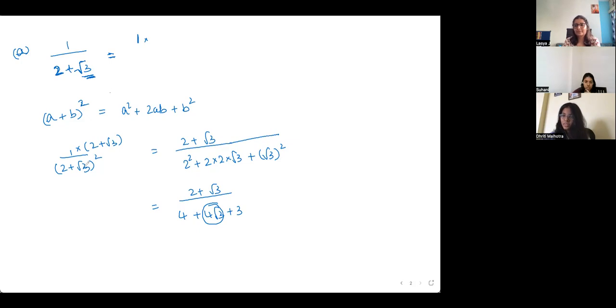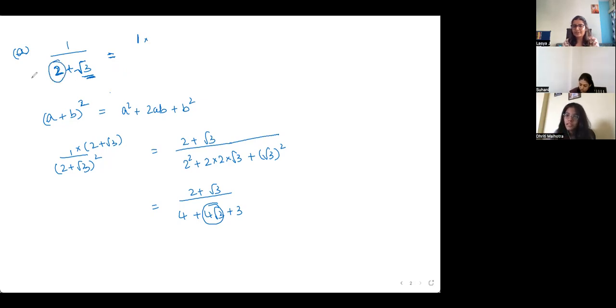Into another root 3. Again, if you do into root 3, so this will get multiplied by both क्योंकि brackets में है. But miss, like, can't we just do this? कि 1 into root 3 और फिर नीचे भी वो होगा, then it would be root 3 square and then it would be like the previous sum.